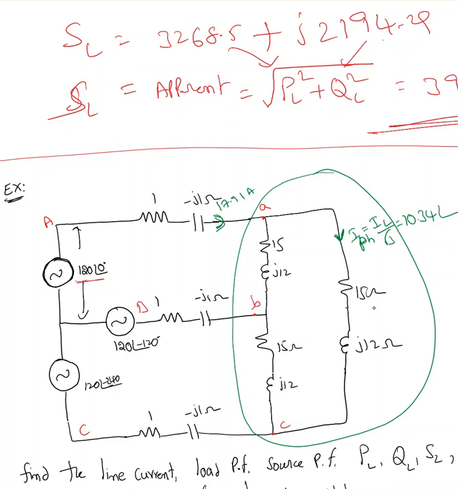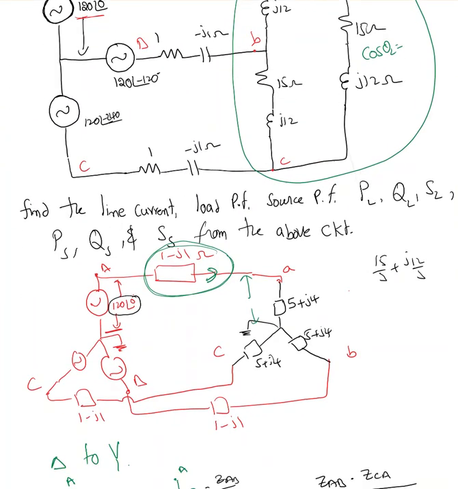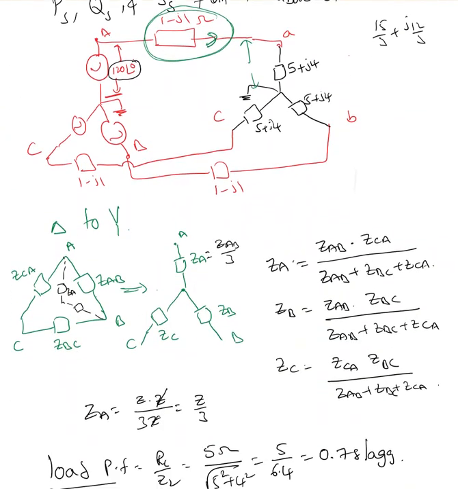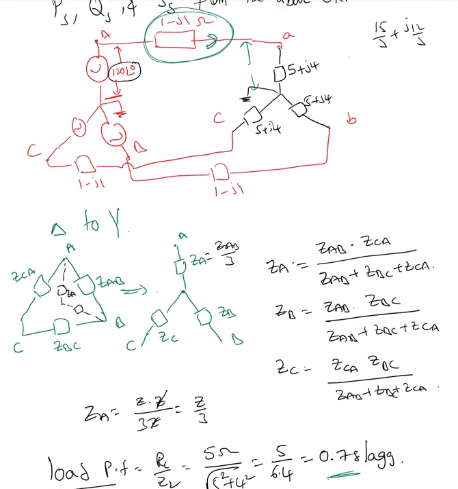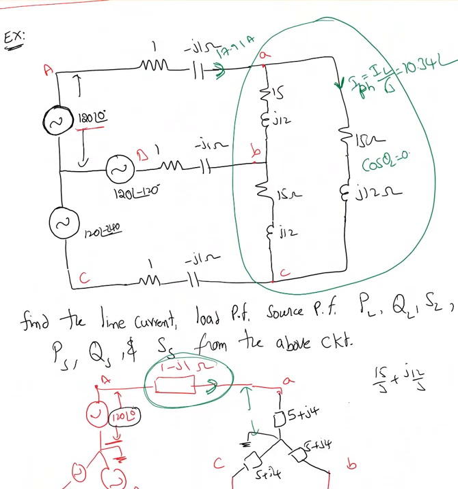We already have cos theta L, the load power factor we just found, which is 0.78. So theta L must be cos inverse of 0.78, which equals 38.73.